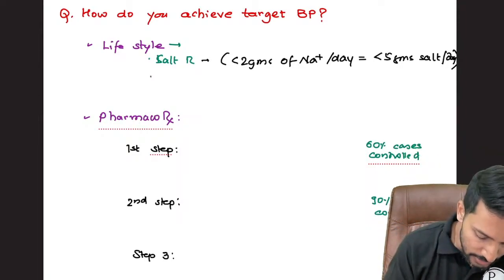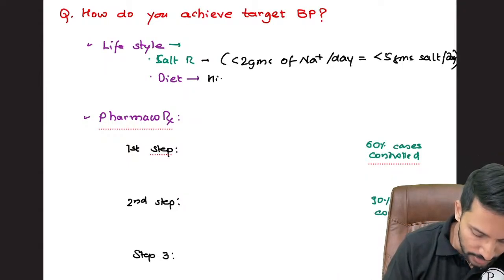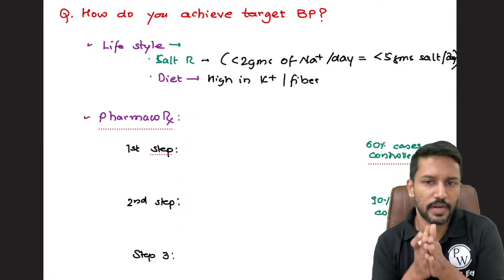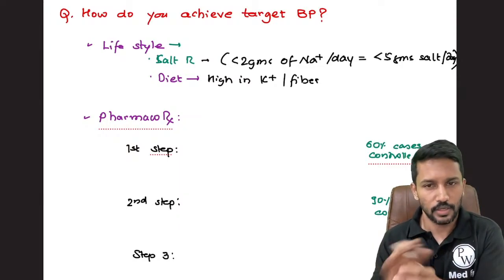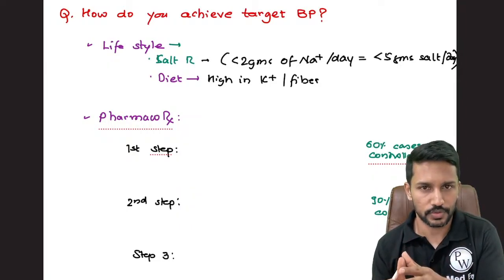Apart from that, there is need for dietary modification. What is recommended with respect to dietary modification? We need to have a diet high in potassium and fiber. Obviously, when I say diet high in fiber, primarily I'm referring to whole grains, not the polished grains, and I'm referring to green leafy vegetables and fruits.